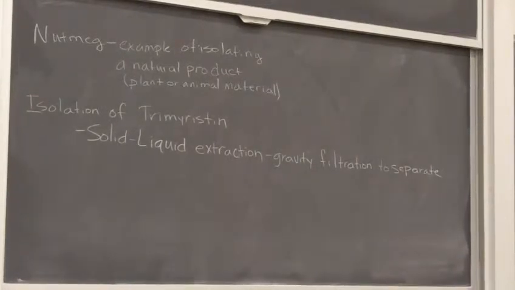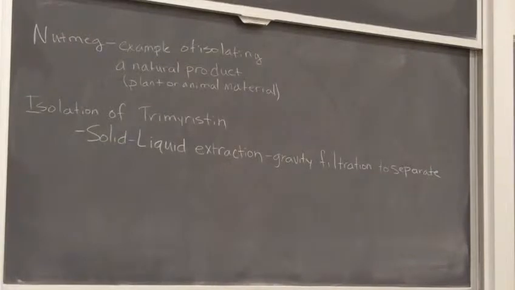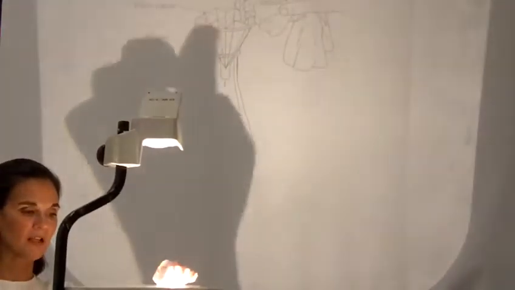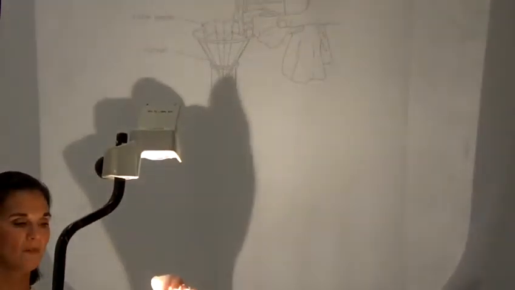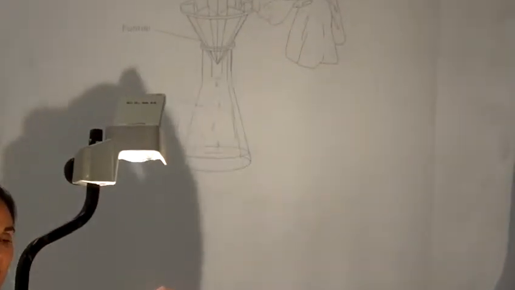So we're going to need something called fluted filter paper. We're going to take filter paper and put pleats in it, okay? And then you will filter just by gravity, not connected to a vacuum. The nutmeg will stay in the filter paper, and the trimyristin and ether should then filter out into your collecting flask.